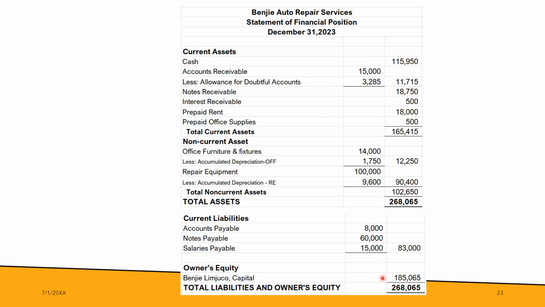And if you can still remember, in the statement of changes in equity, the ending balance of capital account of Benji is 185,065. So if we get the total, the current liabilities of 83,000 and Benji Limhoco Capital, the total liabilities and owner's equity is 268,065. So they are equal.